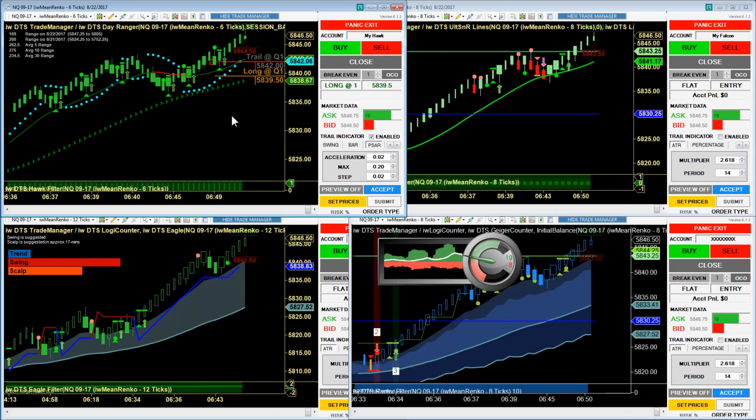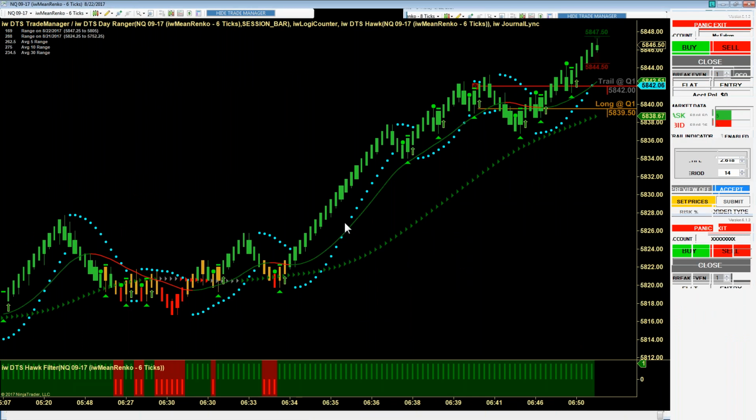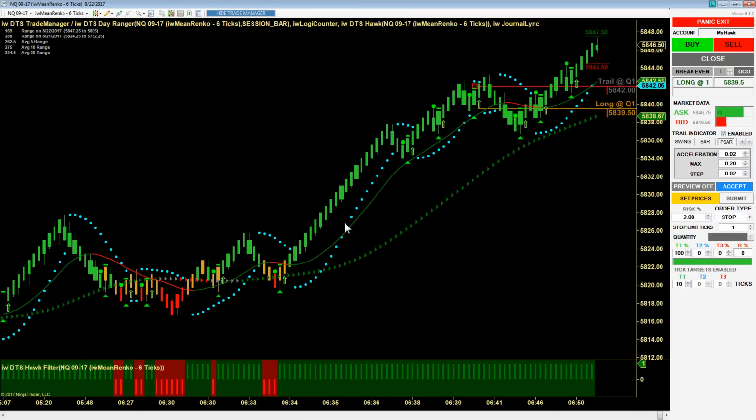Now let's see if they can get up there. And as I accumulate more open profit, well, the parabolics you can see are pretty good. Once a market is trending, they will tend to bring the stops up fairly quick.